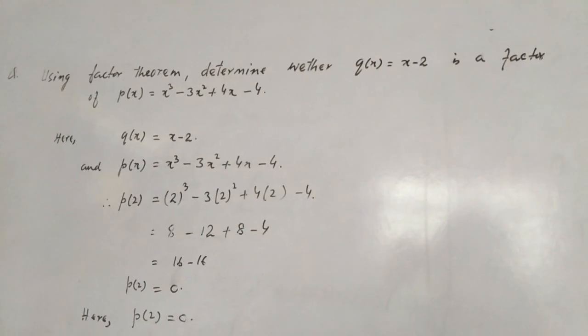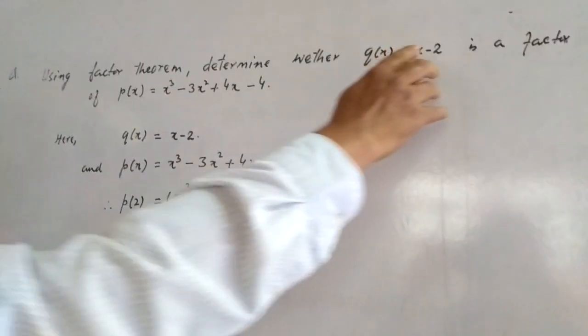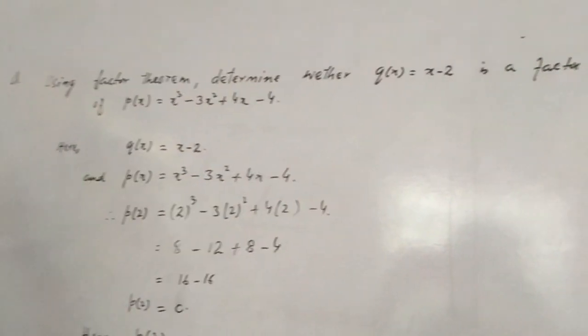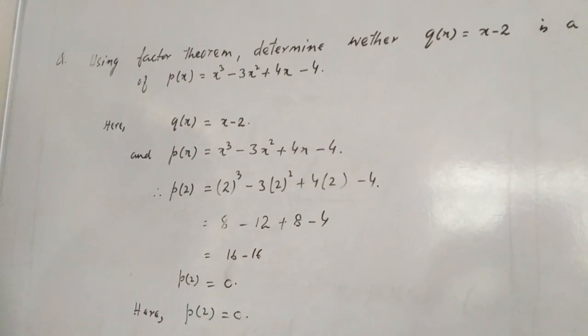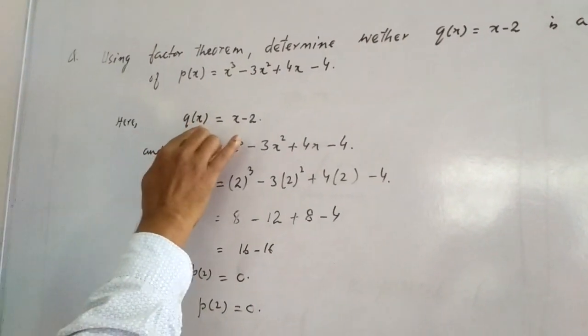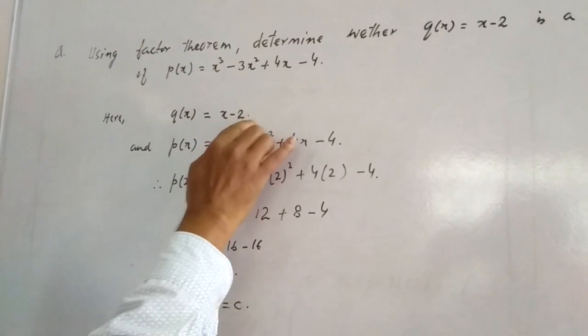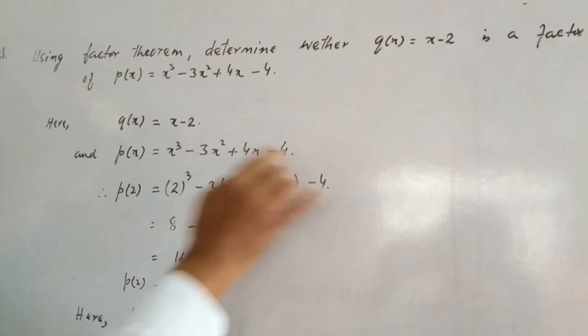So for that we'll test x minus 2 से जब इसको हम डिवाइड करेंगे तो हमारा रिमाइंडर क्या आ रहा है. तो q(x), the divisor here is x minus 2, p(x) इतना दिया हुआ है.